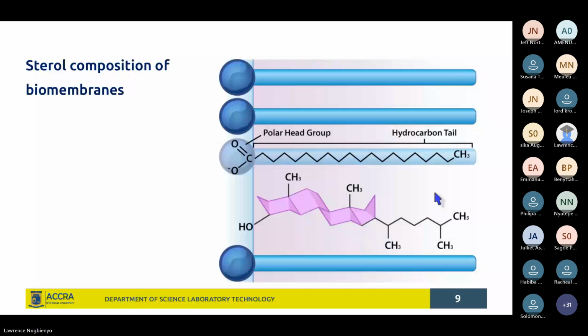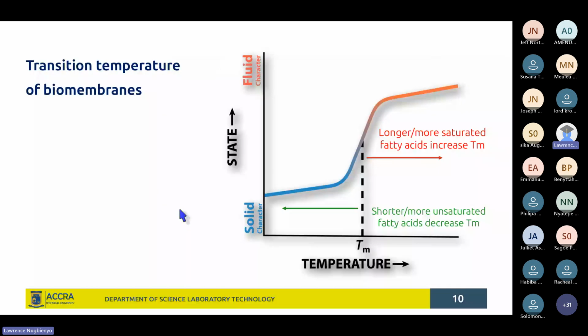Now, in order to understand how this can result in some effects on the stability of the membrane, we have to take a look at how the steroid behaves in terms of the transition temperature.